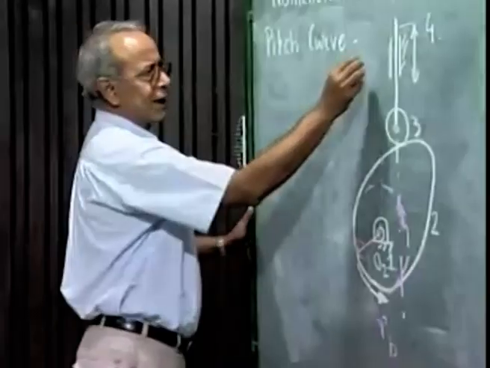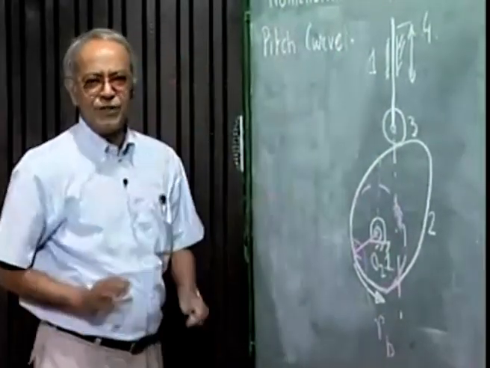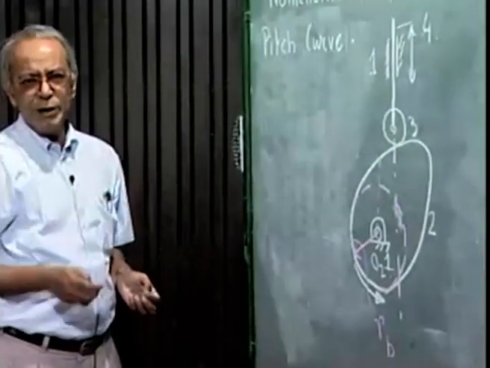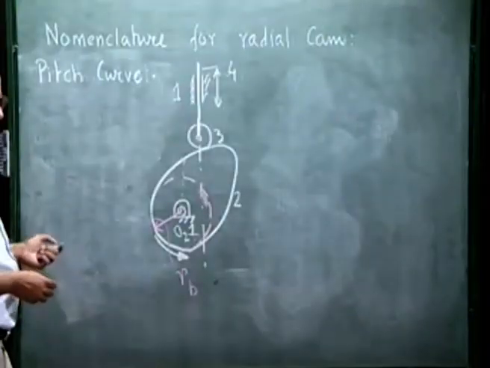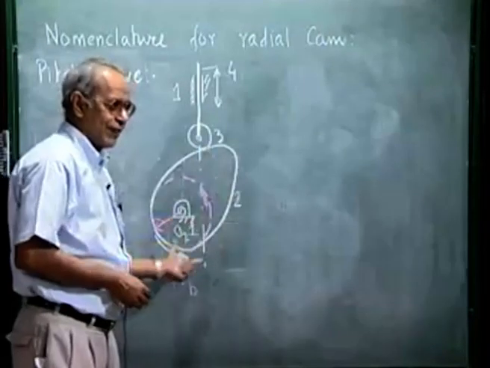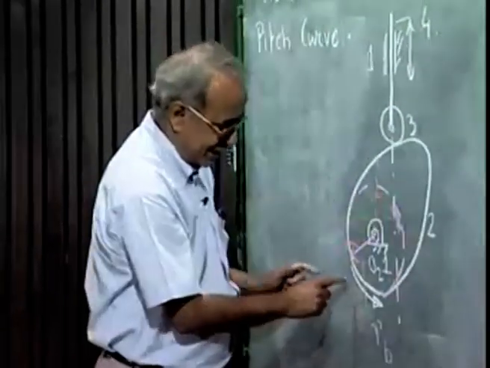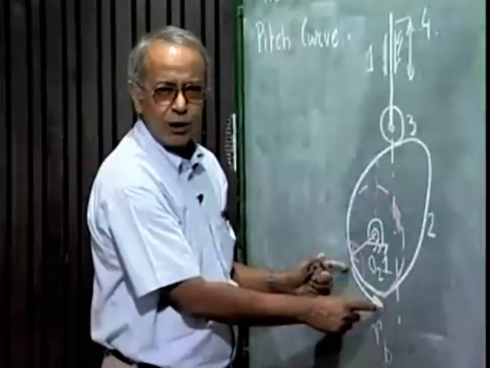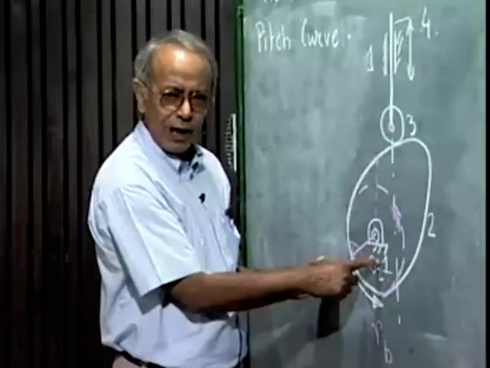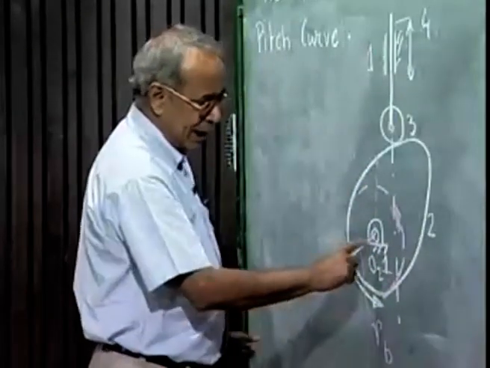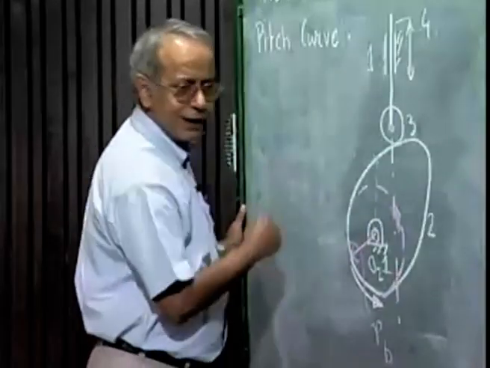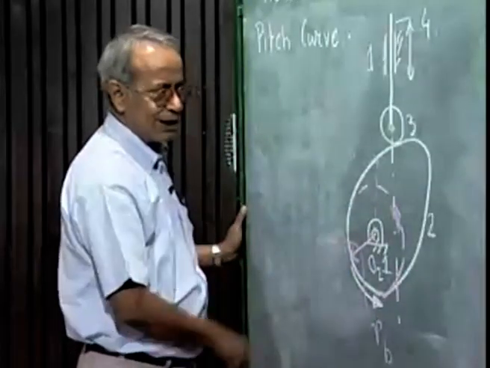In this 4-link mechanism, it is link number 1 which is fixed. But in this kinematic chain, if we make a kinematic inversion holding the cam fixed, that means we allow link 1 to move and hold the cam fixed. Instead of allowing the cam to rotate in the counterclockwise direction with respect to link 1, we hold the cam fixed. That means link 1 we now rotate in the opposite direction, that is clockwise direction.